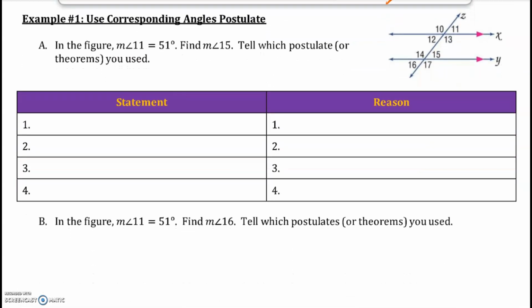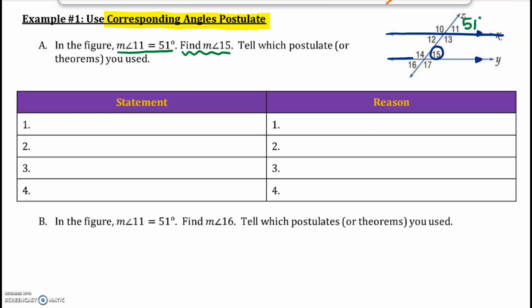All right, we're not going to go through this proof, but I do want to look at the information they give us. So they give us that the measure of angle 11 is 51 degrees. And we want to find the measure of angle 15. So we're going to use the corresponding angles postulate to figure this one out. So we're looking at 15. So in your picture, notice that line X and line Y are parallel.